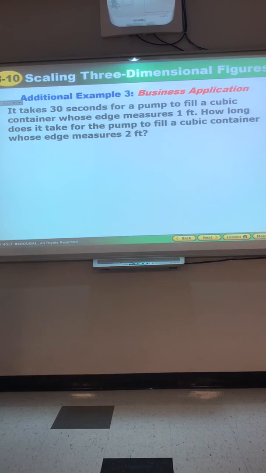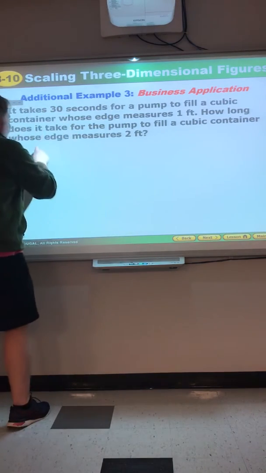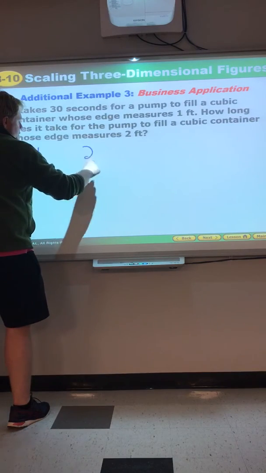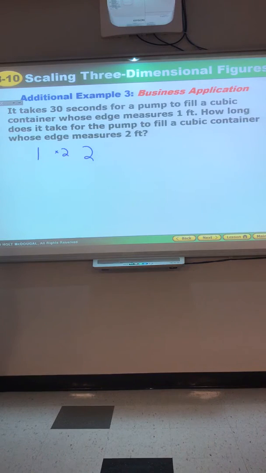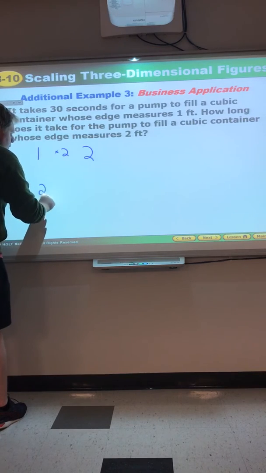It takes 30 seconds for a pump to fill a cubic container whose edges are 1 foot. How long does it take for the pump to fill a cubic container whose edges are 2 feet? We went from 1 to 2. The scaling factor was times 2. Filling a cube with liquid, that's volume. So we're going to need to do 2 cubed.